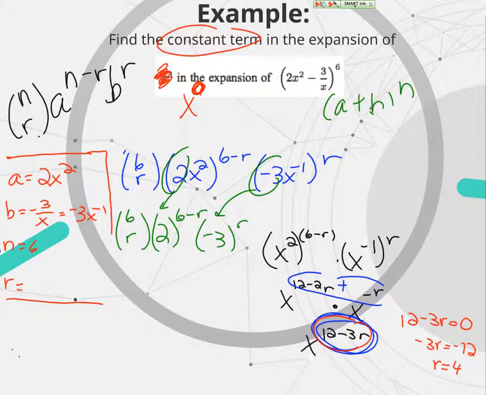And so we can go back here and plug in 4 for all of these. And that's going to be 2 squared.